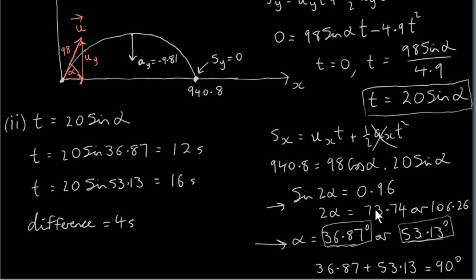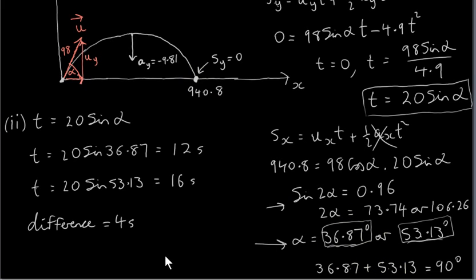But multiplying by 2, subtracting from 180 and dividing by 2 is equivalent to actually seeing that the two angles add up to 90 degrees, if you think about it. So, for a given initial speed, the two launch angles that give a certain range sum to 90 degrees.